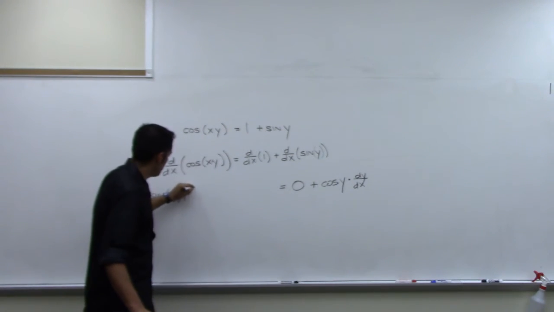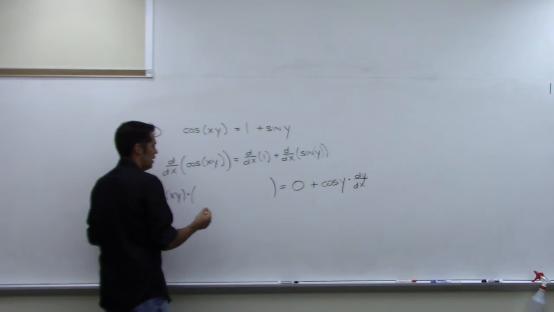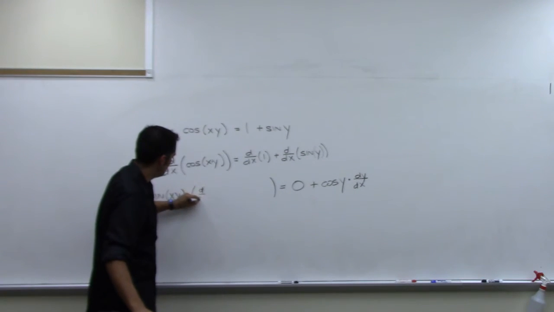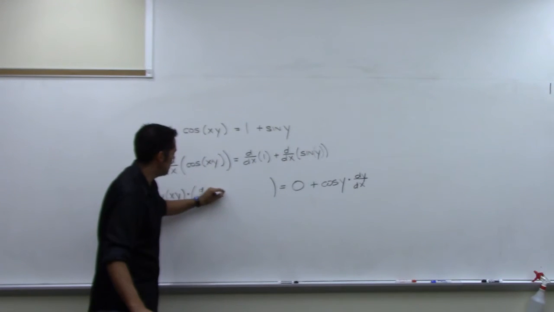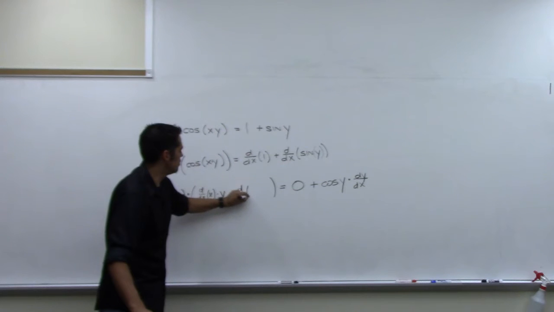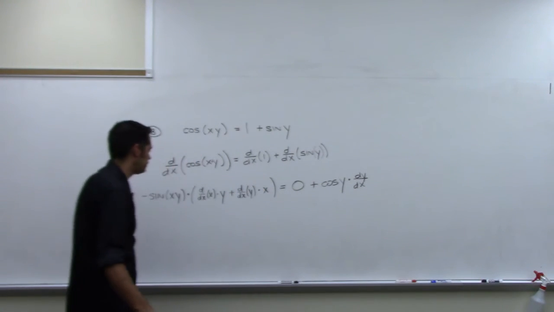So I'm going to set myself up for the product rule here in parentheses. It's going to be the derivative with respect to x of x, so that's the derivative of the first one, times the second one, plus the derivative of the second one, which is the derivative of y, times the first one, like that.